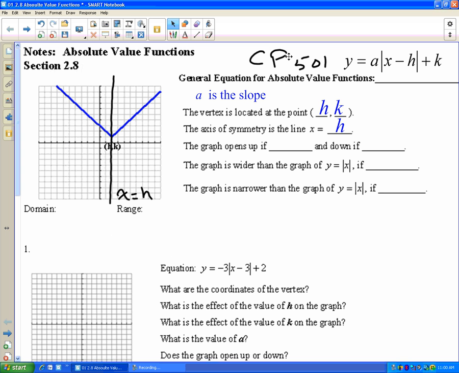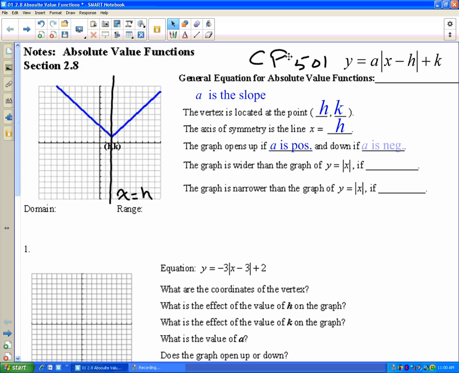Now, what other information can I get from my generic equation y equals a times the absolute value of x minus h plus k? Well, if my a is positive, the graph opens up. If my a is negative, it opens down.